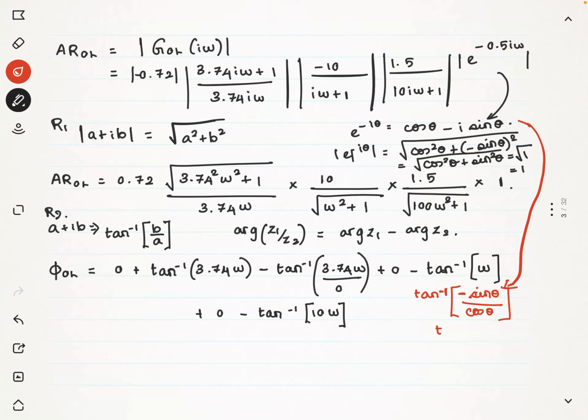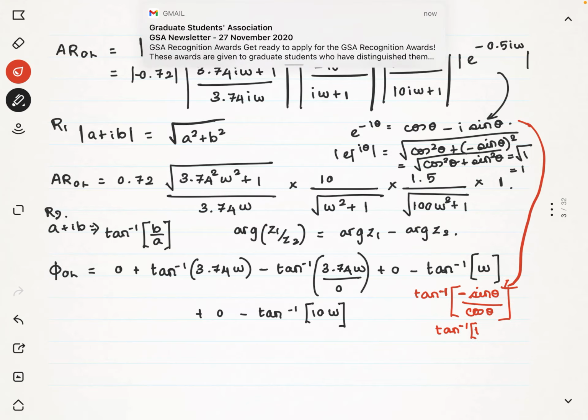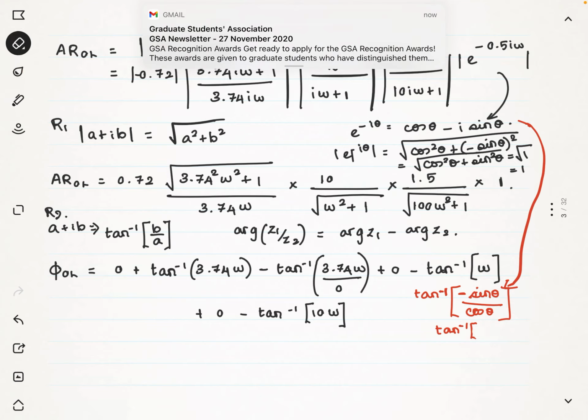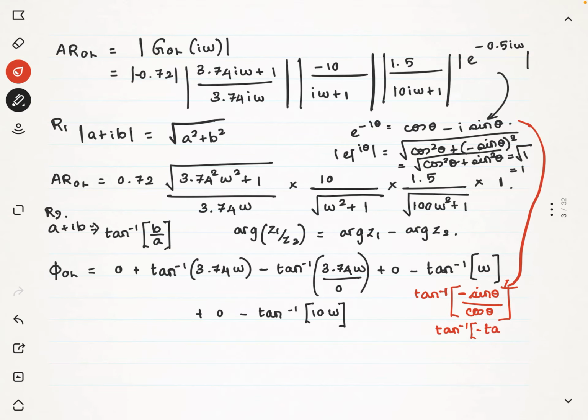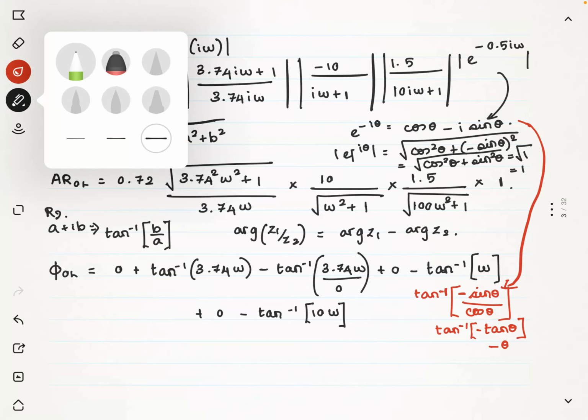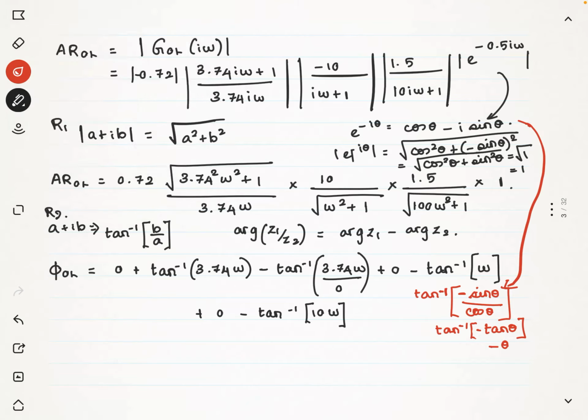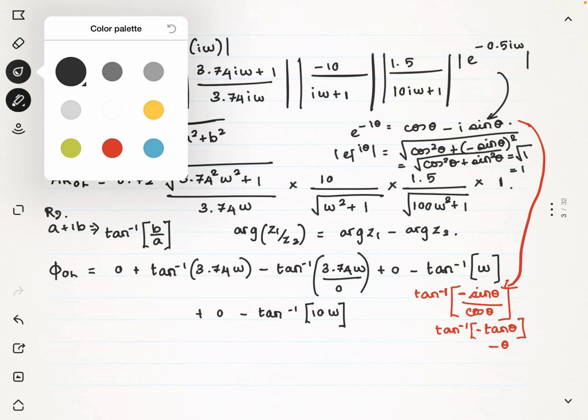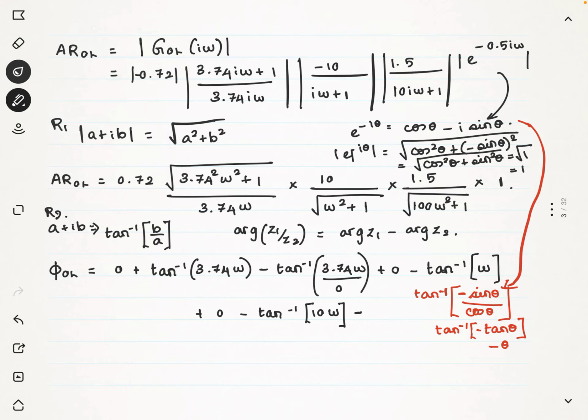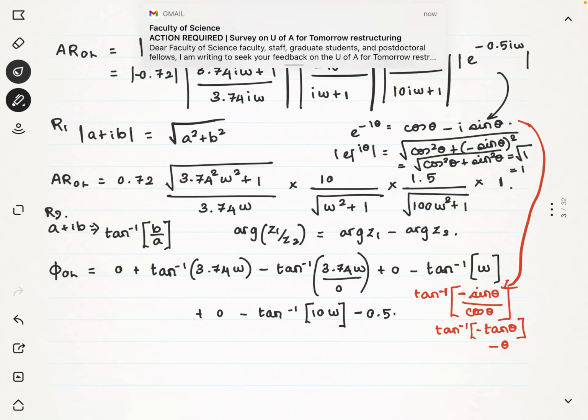So sine by cos is tan, so we have tan inverse of minus tan theta. Tan inverse and tan are inverse functions, so they cancel each other, and what we have is minus theta. Finally, if we go back to the solution again, for e power minus 0.5 I omega, what we'll have is minus 0.5 omega.